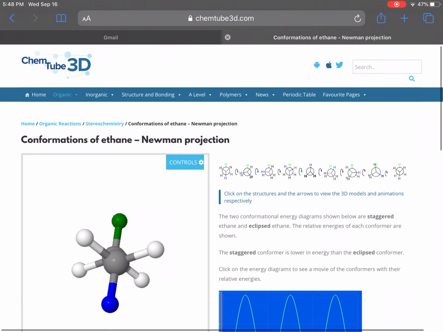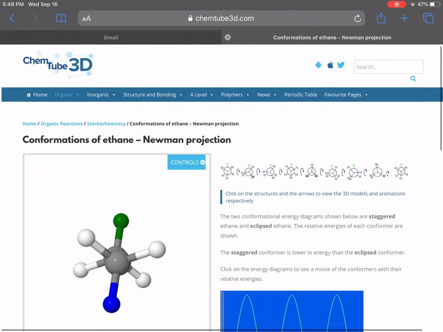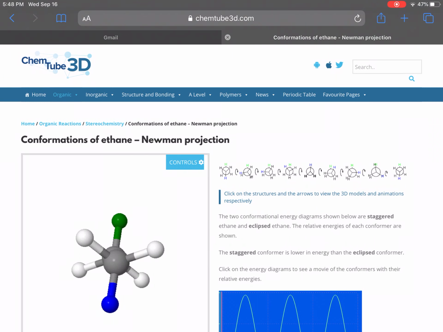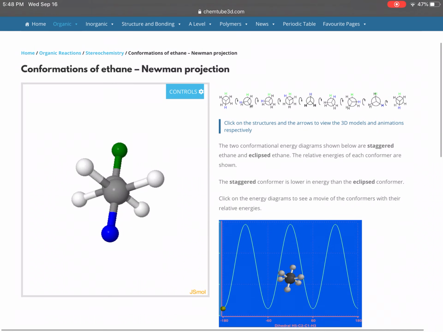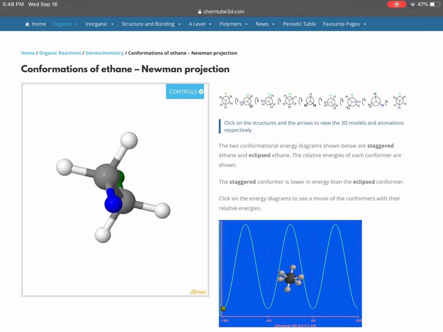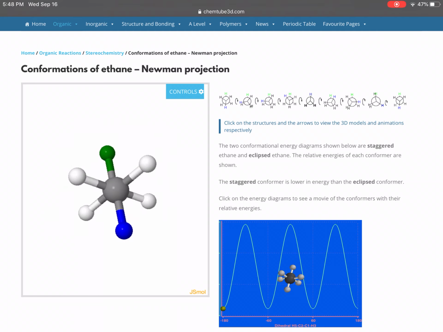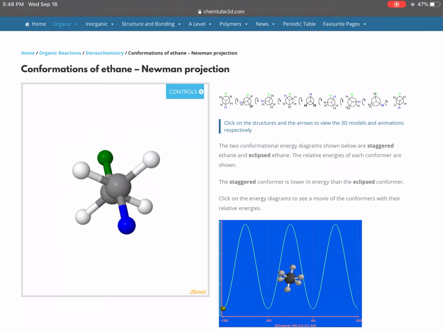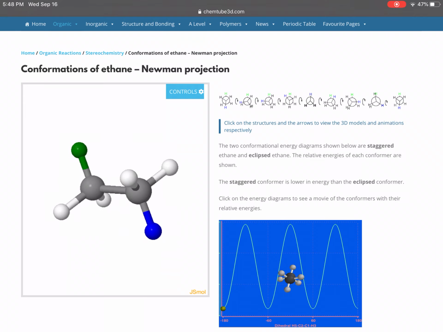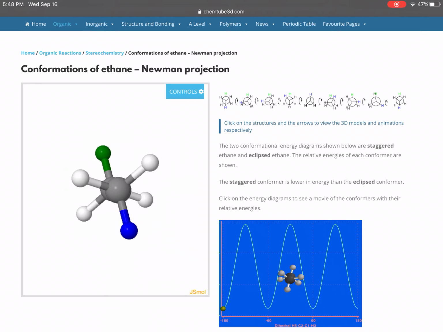This is on a website called chemtube3d.com. It's got lots of good 3-dimensional representations of various things in chemistry. This one right here, and I'm just using my finger to move this around, so this works on tablets, smartphones, or laptops. This is a model of ethane, and if you look at it, you can see the CH3 groups are oriented in a very specific way, right?